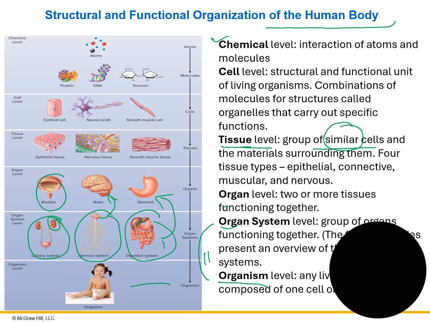Everything has to be the same type of cell because it has to function the same way. There are four tissue types. We're going to go over epithelial, connective, muscular and nervous.